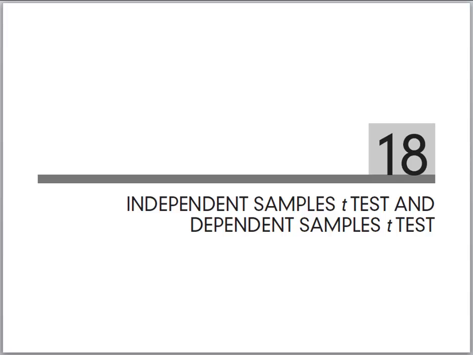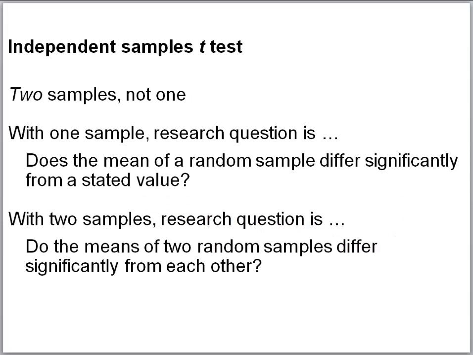The independent and dependent samples t-tests are the subjects of Chapter 18. So we'll begin with the independent samples t-test. So we've got two samples, not one, as was the case with the one sample t-test from Chapter 17.